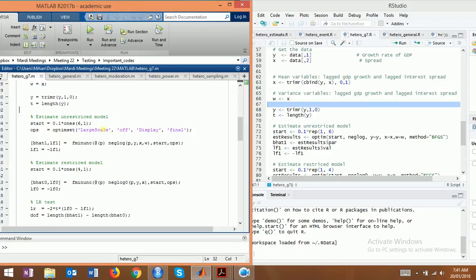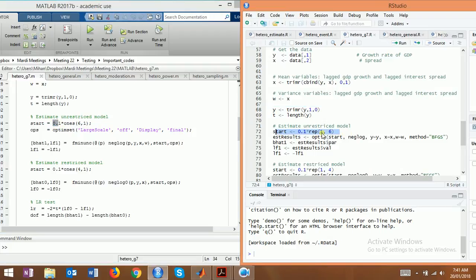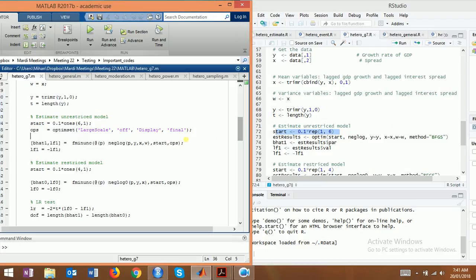We are having 0.1 multiplied to 1. Replicate 1 6 times and multiply that with 0.1. That's all. These are all initialization strategy. Options optimized, large scale of display final. Just don't show me the iteration, just the final.